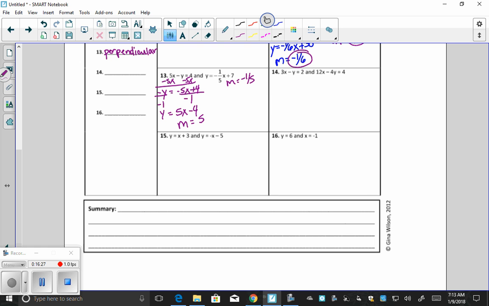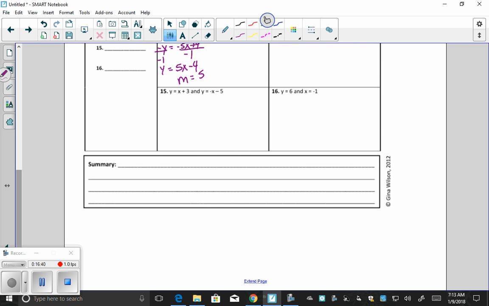I'm going to let you try 14 and 15, and I'm going to go to 16. 16 is a little different. Remember, when we are dealing with vertical and horizontal lines, your slopes are either 0 or undefined. If it's y equals, my slope is 0.